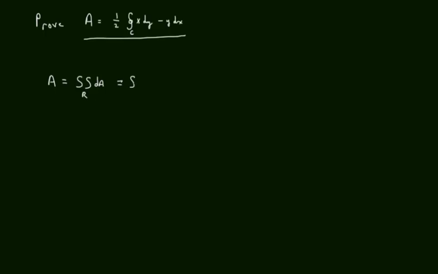And that would be equal to this, partial Q partial x minus partial P partial y dA, as long as partial Q partial x minus partial P partial y was equal to 1.